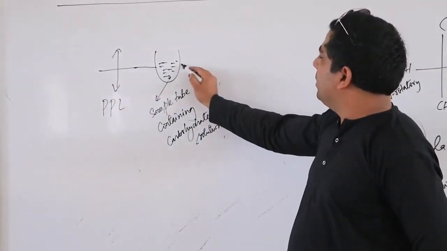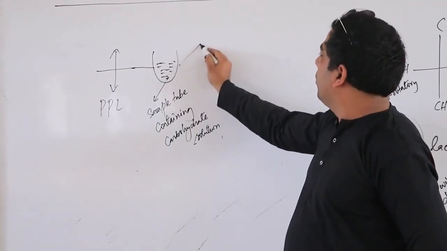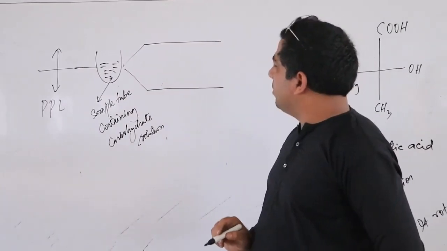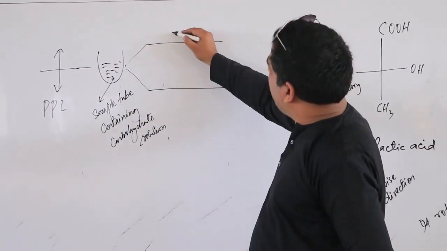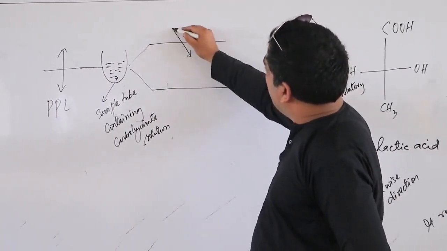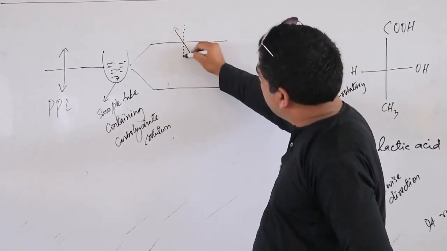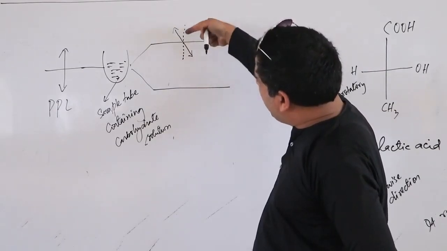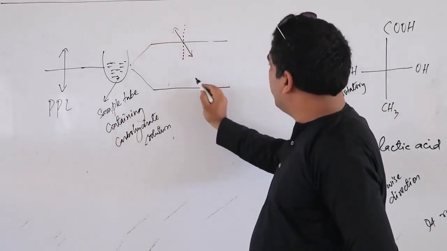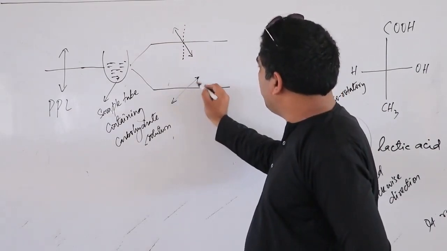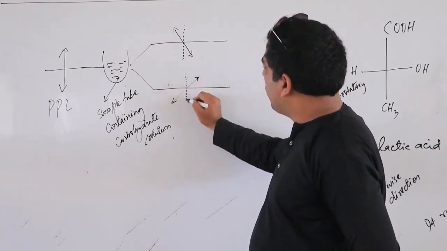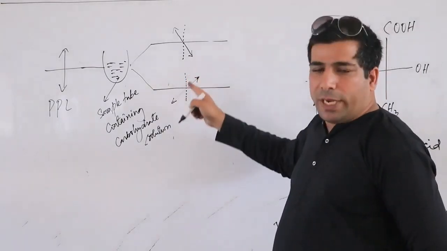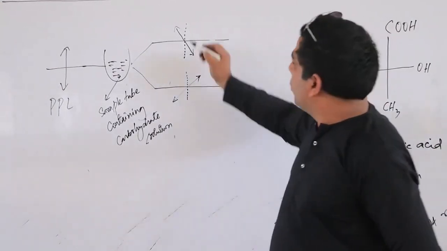There are two possibilities which can happen here. What are those two possibilities? Let us see. The light may be rotated either clockwise. This is the actual oscillating plane of the light, but it has been bent now. Okay? Or light can be rotated anti-clockwise. So there are two possibilities. Clockwise or anti-clockwise rotation of light.